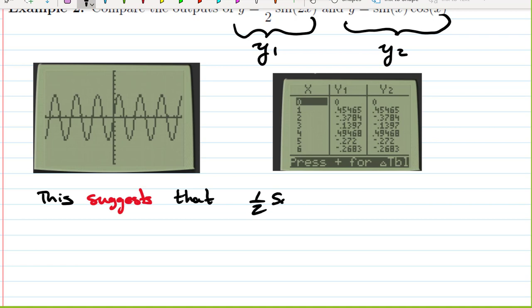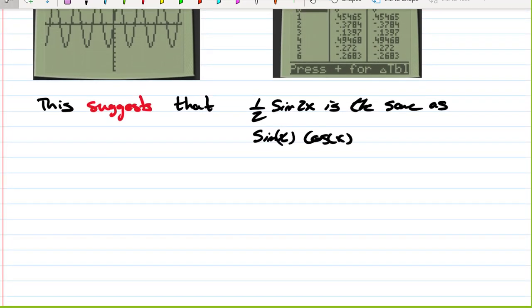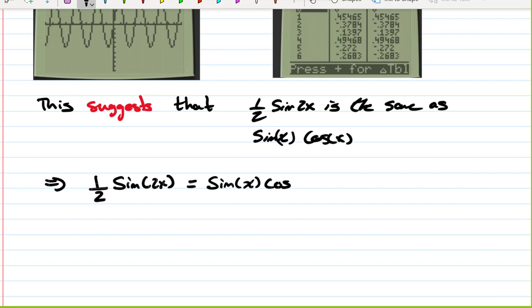One half sine 2x is the same as sine x cosine x. So, in other words, in terms of an equation, we would have 1/2 the sine of 2x is the same as sine x cosine x.